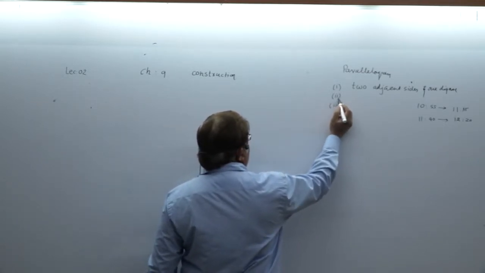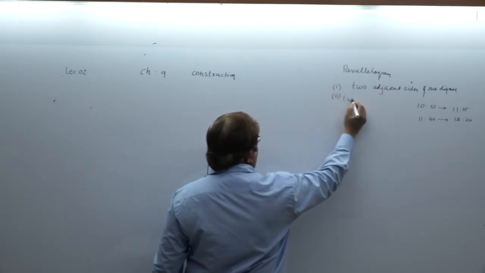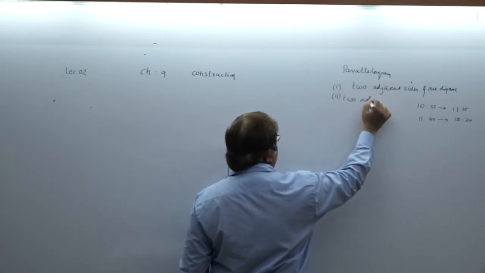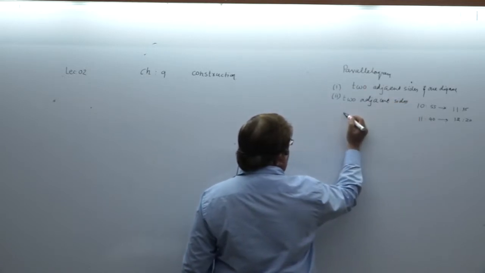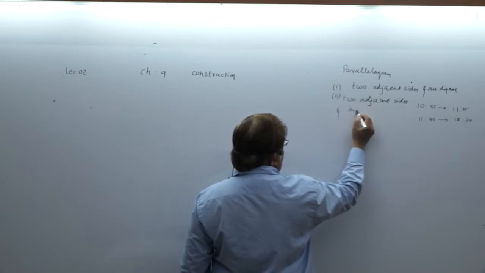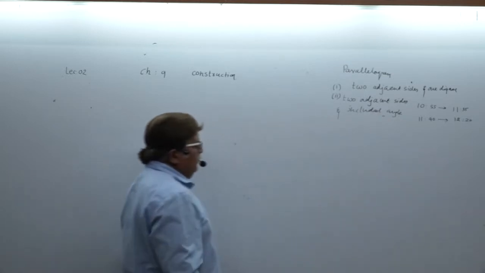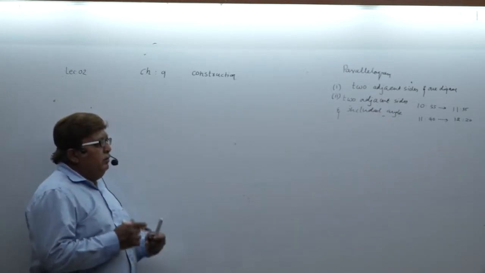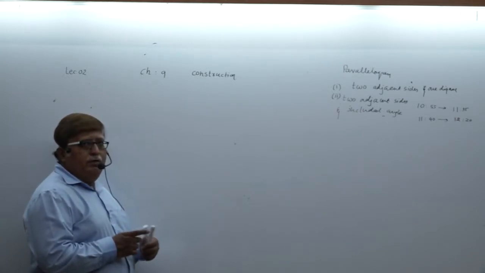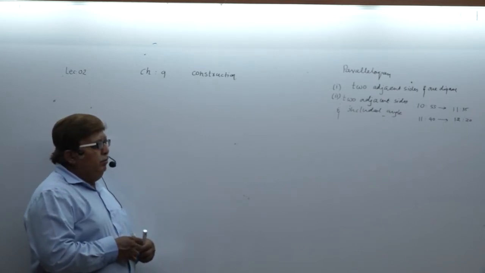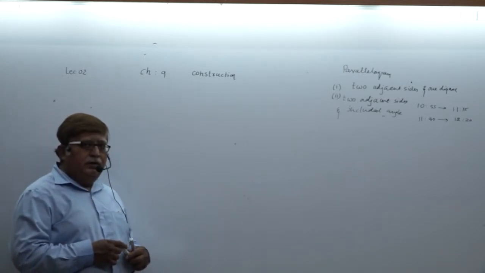When you are targeting construction of type 2, that means you are given two adjacent sides and included angle. This is the general statement that now we are going to take construction of parallelogram under condition number 2, when you are given only two adjacent sides and one included angle.